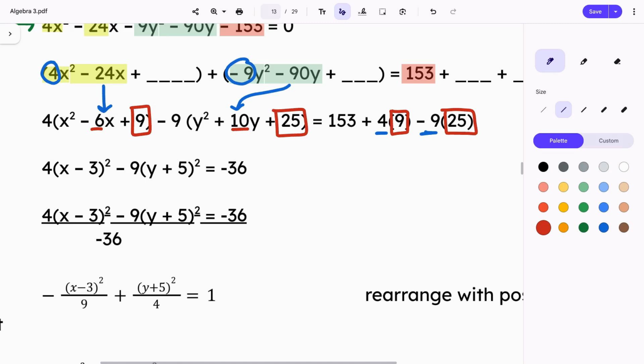So they're dividing everything by negative 36. Because we're dividing by a negative, we will want to watch our signs here. 4 over the negative 36 is going to reduce to negative 1 over 9. And then the negative 9 over the negative 36 will reduce to 1 over a positive 4. So keep track that these signs are kind of switching here because we're dividing by a negative.